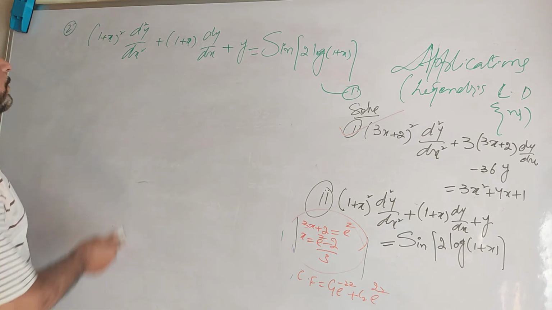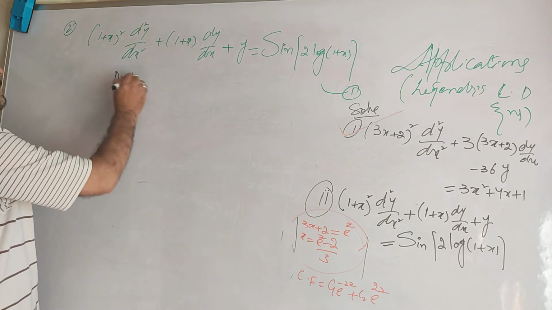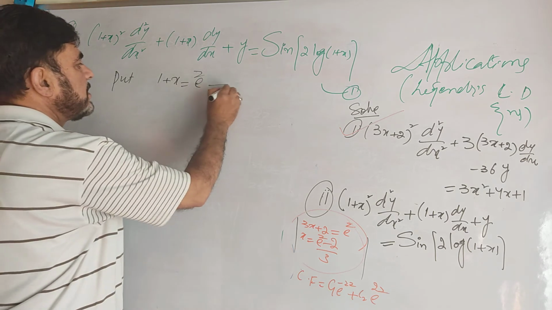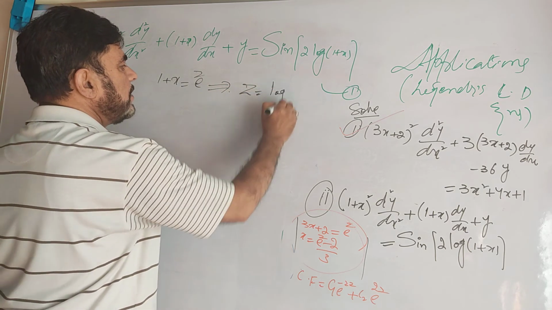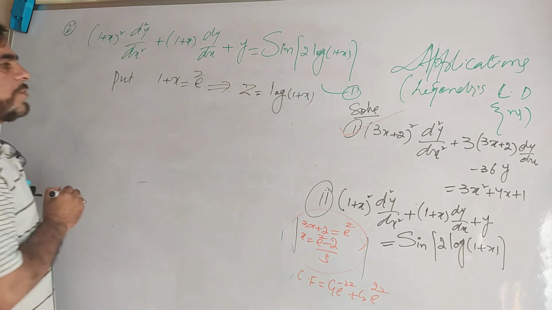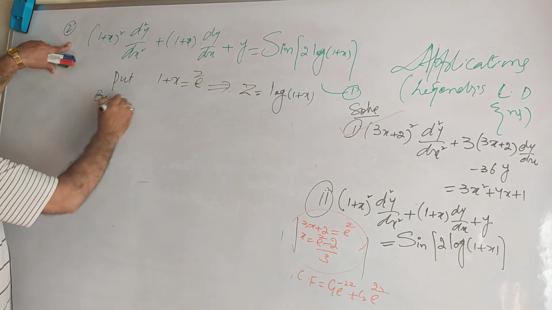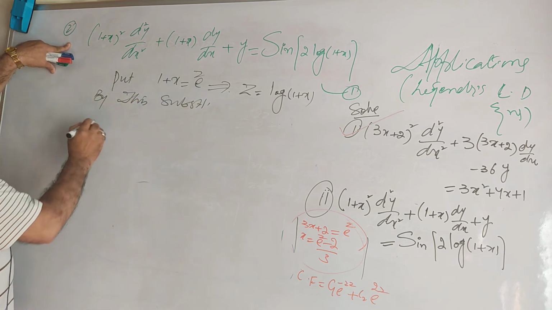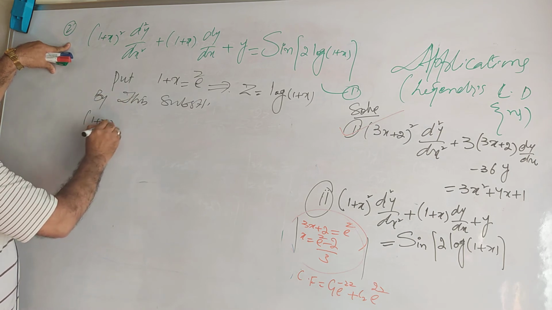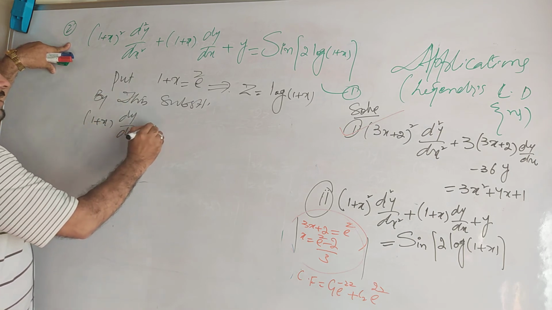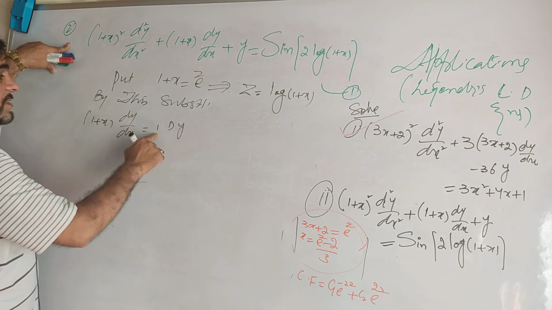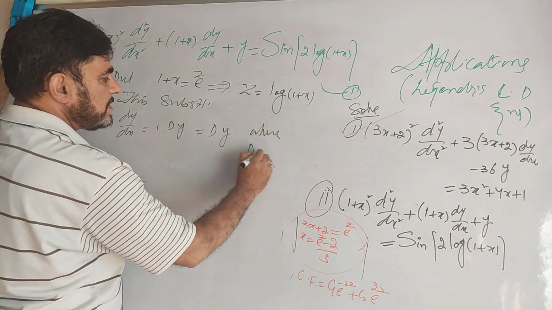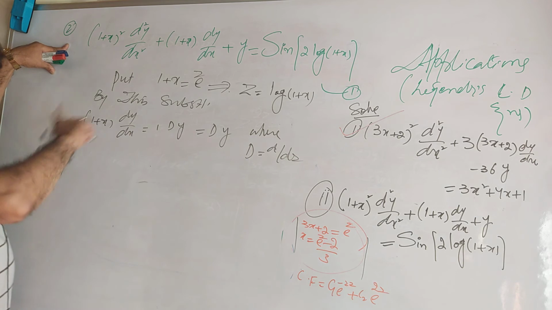By Legendre's method. We put 1 plus x is equal to e raised power z, as we did in the previous case. This implies our z will be log of 1 plus x. By this substitution we get (1 plus x) dy by dx as 1 times Dy, where D is d by dz, as we did previously.